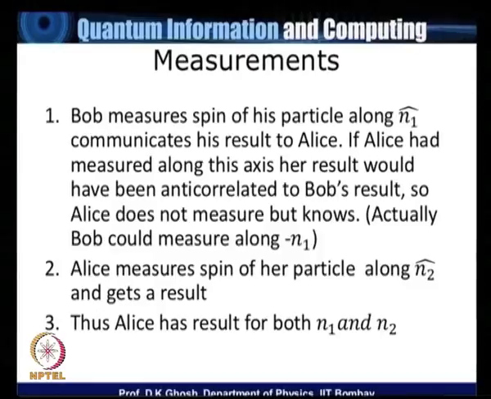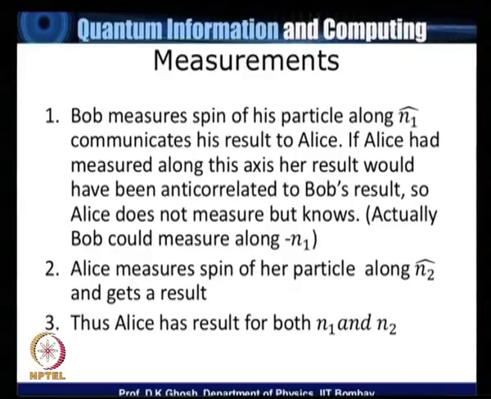Now you see, once Alice makes a measurement on her particle along the n2 direction, she is no longer able to find out what her result would have been had she made a measurement along the n1 direction. But Bob's information lets her know that.